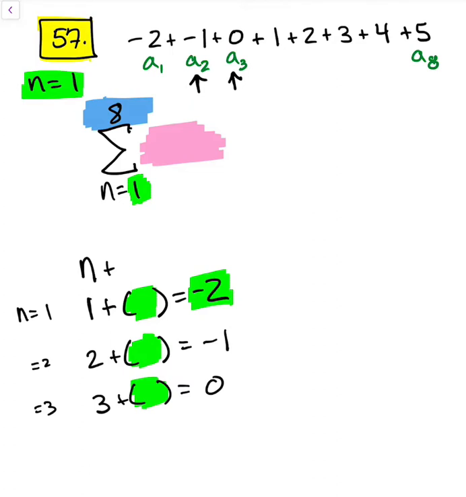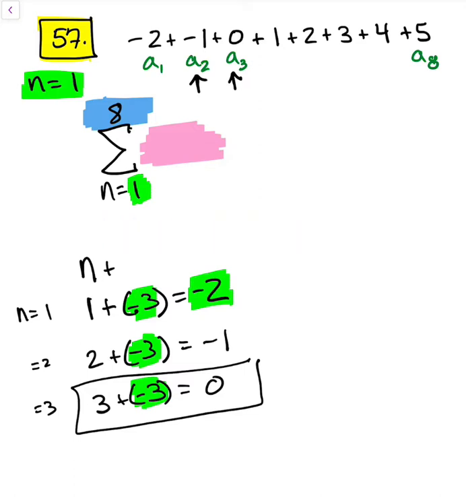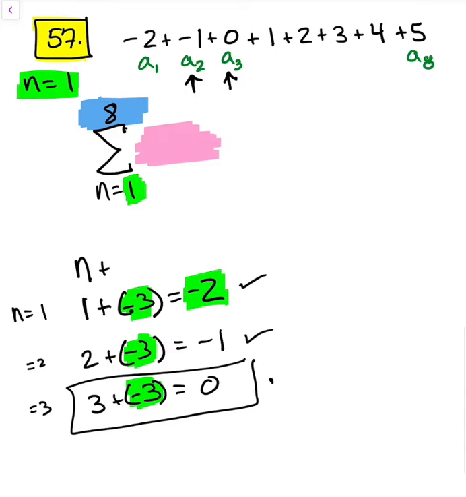This number down here is actually going to be a big clue, because what can I do to 3 to get 0 but add negative 3, right? Let's see if that works with the others. 1 plus negative 3 is negative 2. That checks out. 2 plus negative 3 is negative 1. That checks out too. All three of them check out.